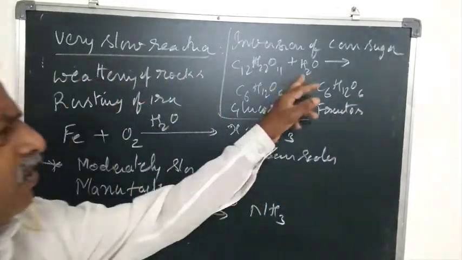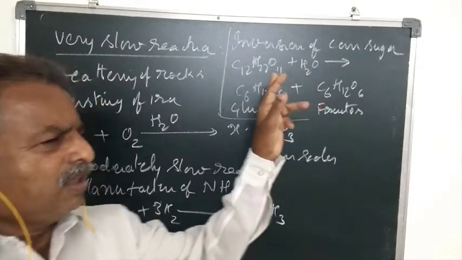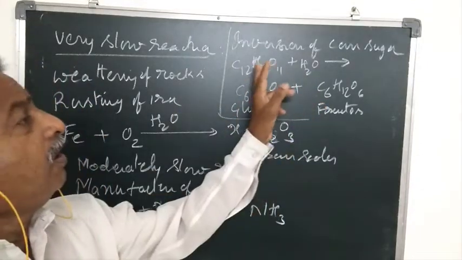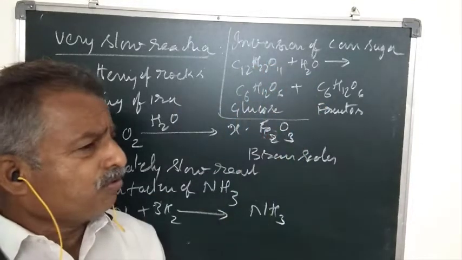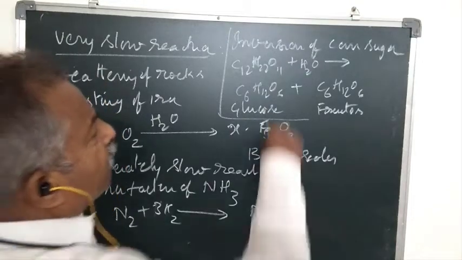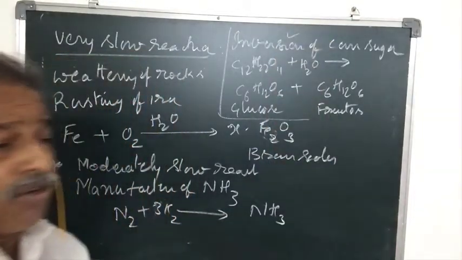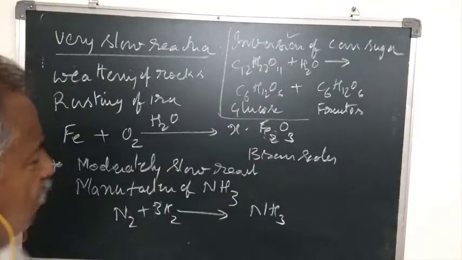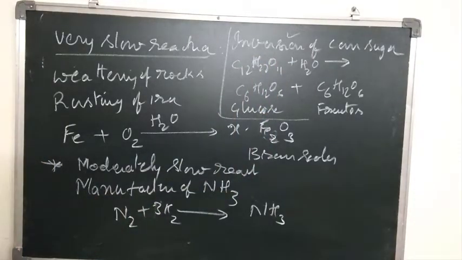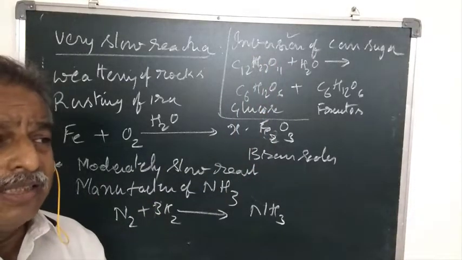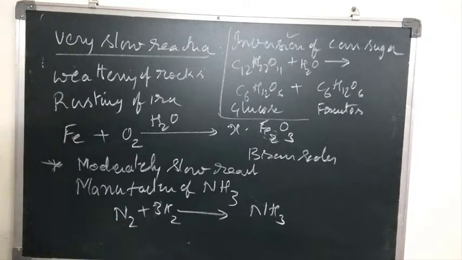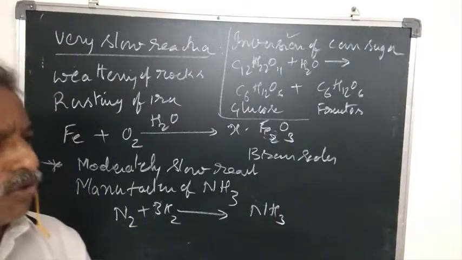The process of decomposition of cane sugar into two molecules, glucose and fructose, we call inversion of cane sugar. Inversion of cane sugar, manufacture of ammonia, etc. are moderately slow reactions.